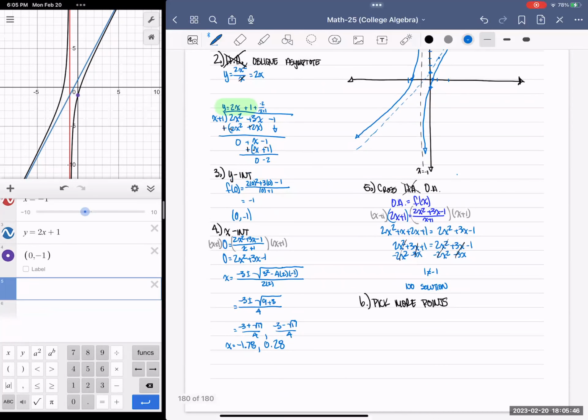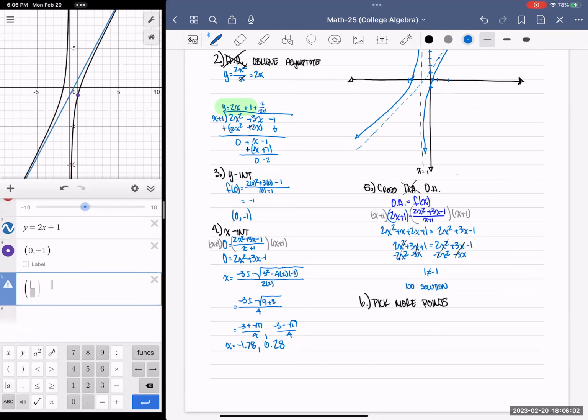Our x-intercept is a little uglier. So we have numerator -3 plus the square root, so SQRT, square root of 17 divided by 4.